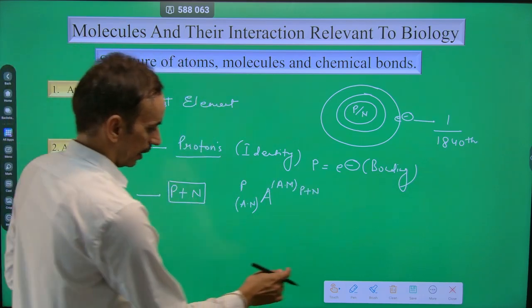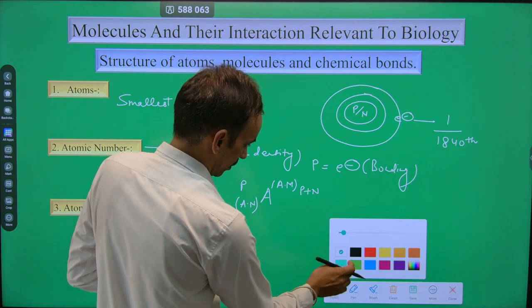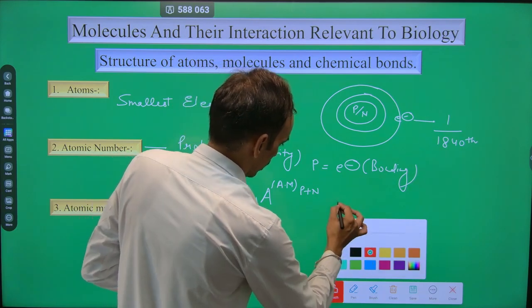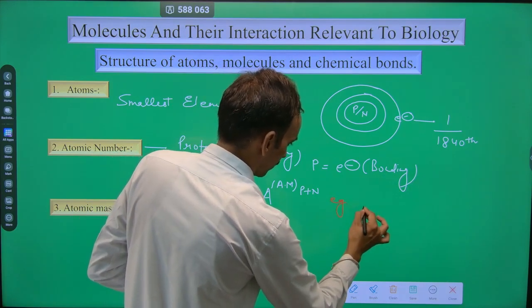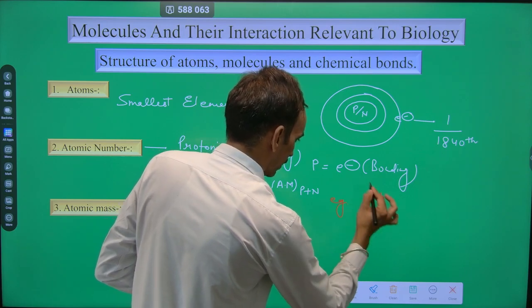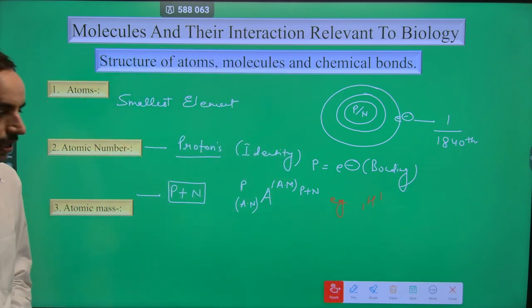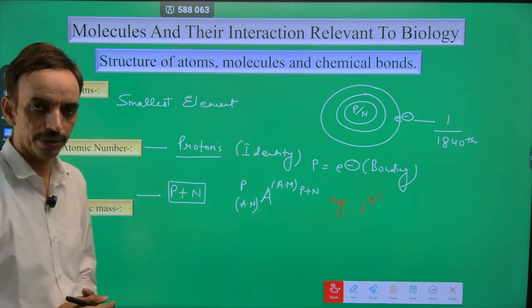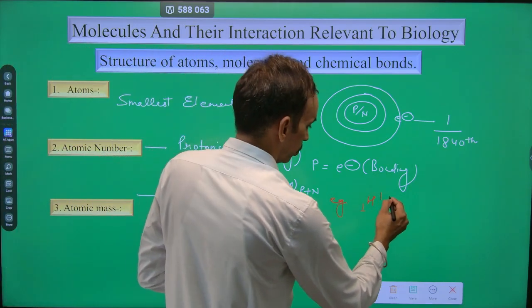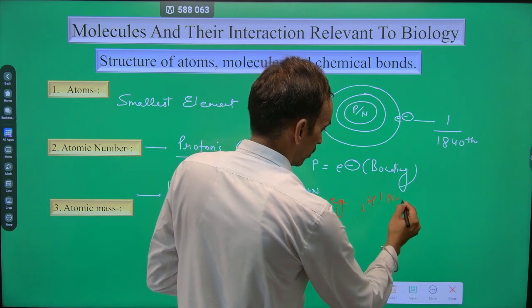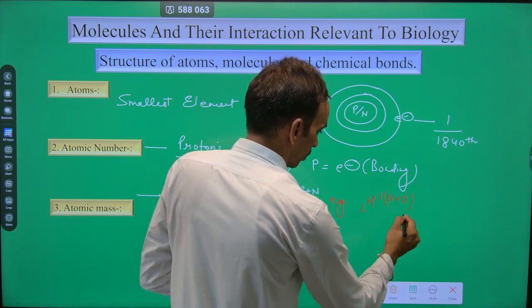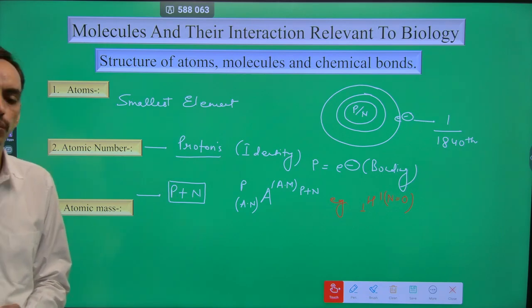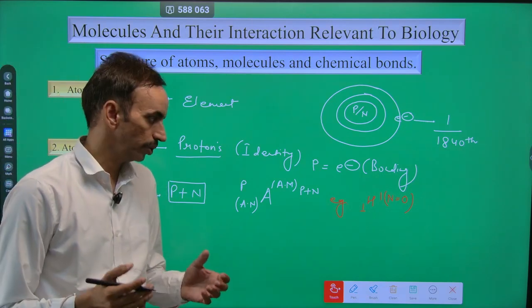If we take another example, the hydrogen atom 1H1. Here the number of protons is 1, that is the atomic number, and there is no neutron, or the number of neutrons is 0. We can say that hydrogen is the only atom which does not have a neutron.